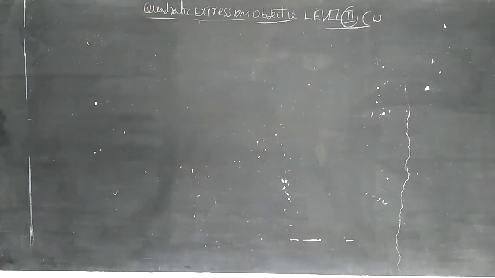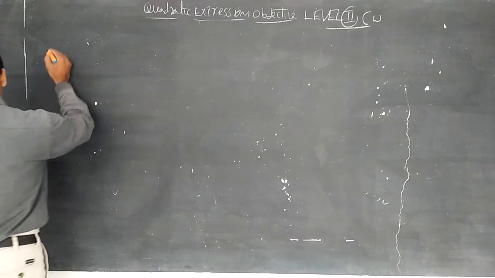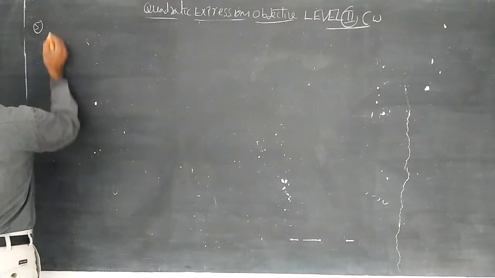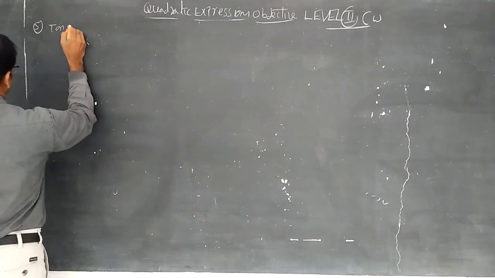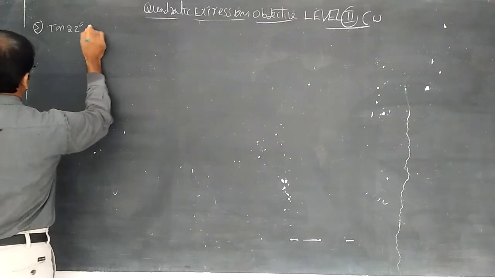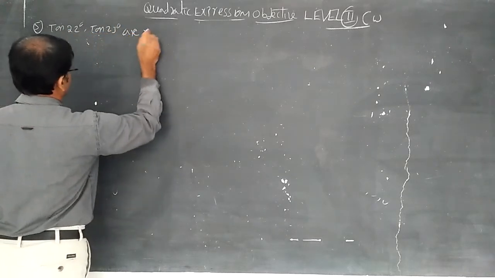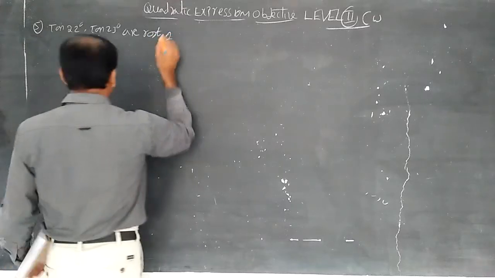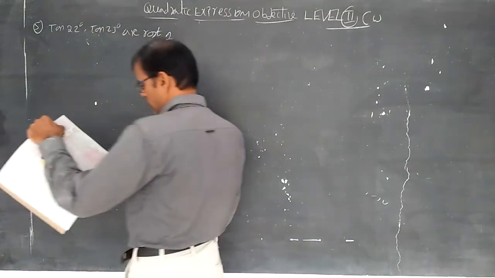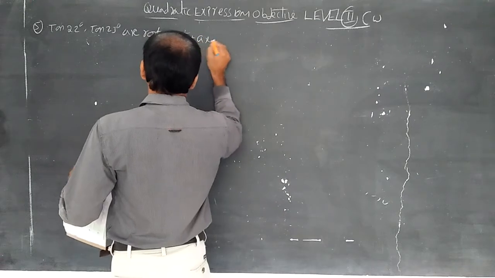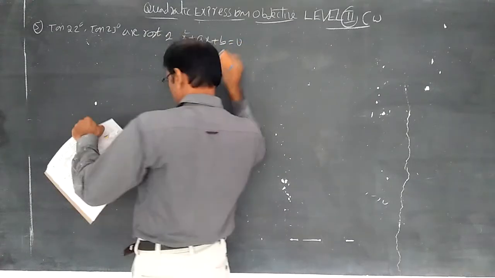Tan 22 degrees and tan 23 degrees are the roots of the quadratic equation x square plus ax plus b equal to 0.